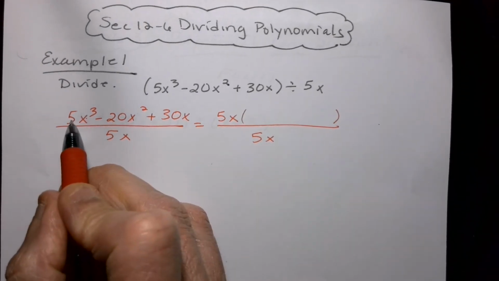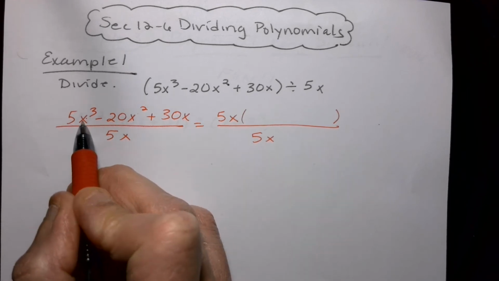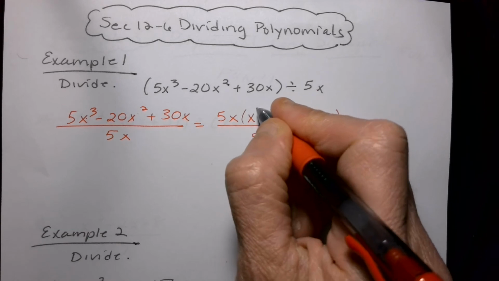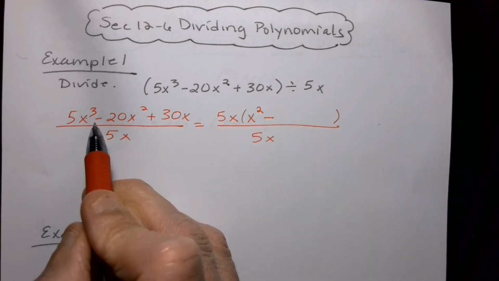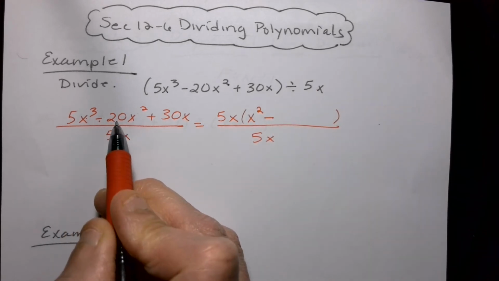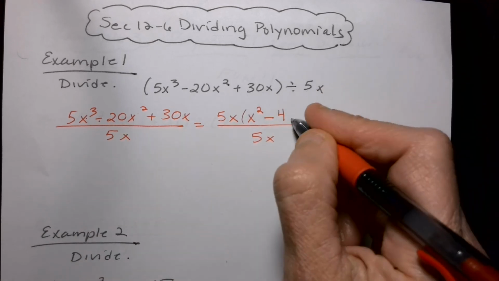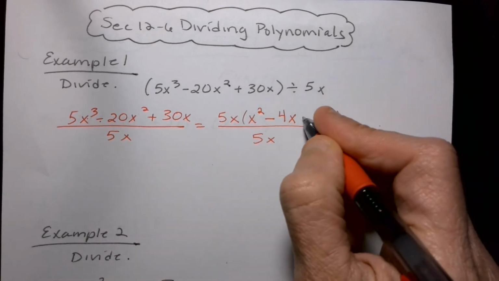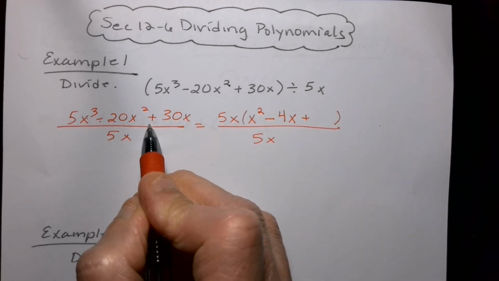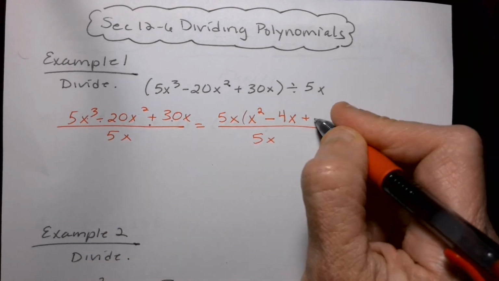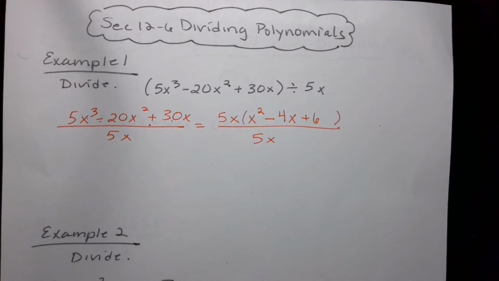So if I divide the 5 out, I'm left with a 1. And if I take one of these x's out, I'm left with x squared. And it's minus because I'm following the pattern. 20 divided by 5 is 4. I took one x out, so I'm left with 1x. Plus, again, because I'm following the pattern, 30 divided by 5 is 6. And the x is out front, so it's not there at all anymore.